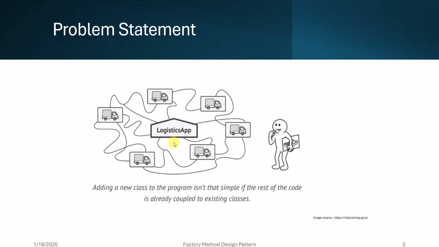Imagine that you are creating a logistics management application, and initially the only mode of transportation you are using is by road, meaning by truck. When I'm designing the system, all my code will be added within that particular truck class.